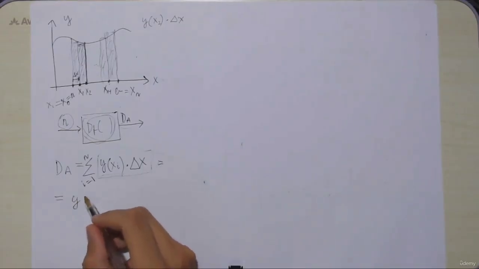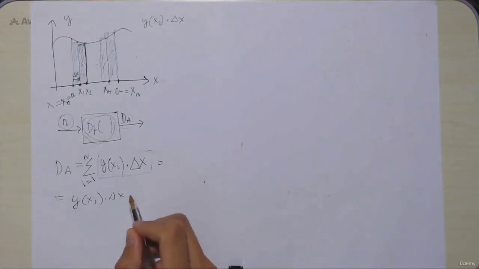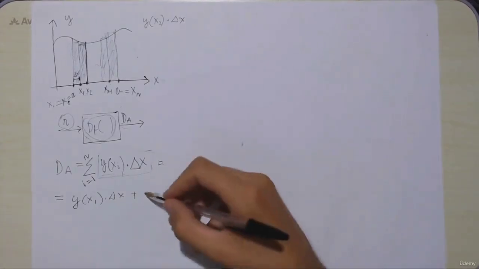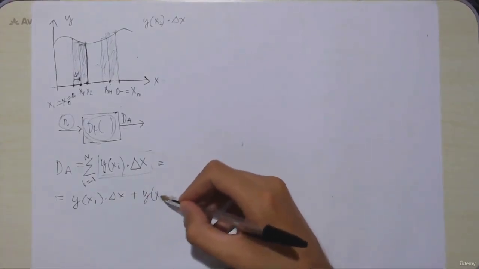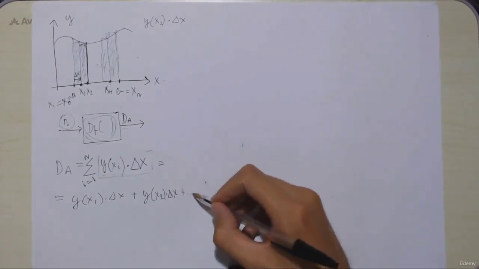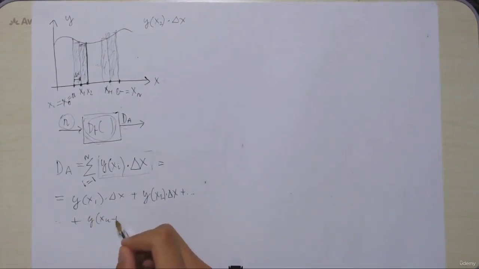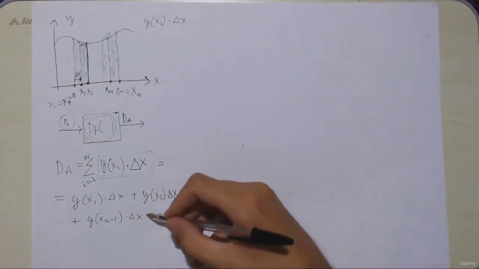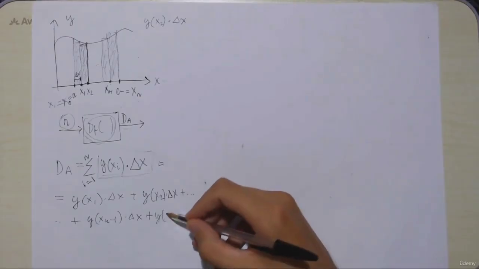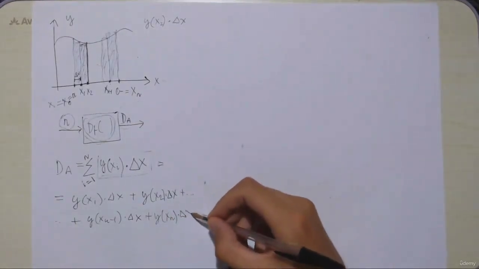So first y at x1 times delta x, plus y at x2 times delta x, plus, I'm just going to continue here, plus y at xn minus 1 times delta x, and plus y at xn or b times delta x, right?